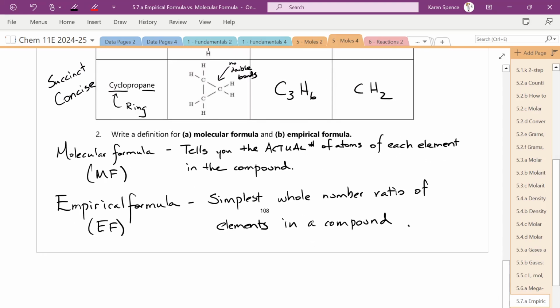Molecular formula, we tend to use it for covalent compounds. Because if I give you C3H6, that gives you a lot more information about the actual molecule than if I give you CH2, right?